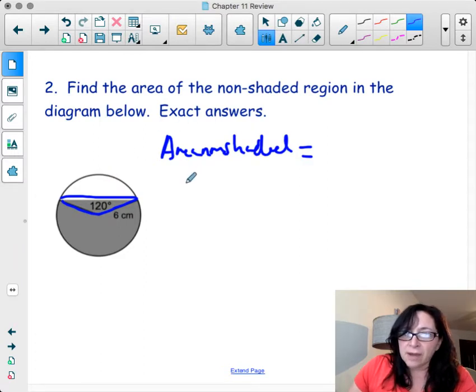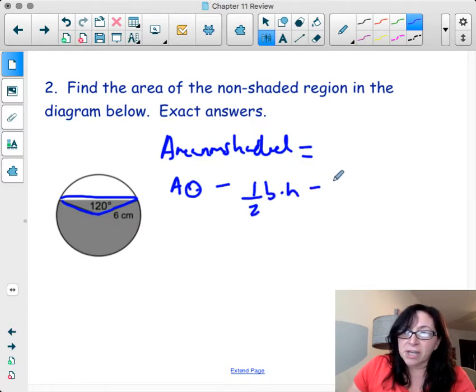So our plan of action is to find the area of the circle minus the triangle, which is 1/2 base times height. And then we have to take away the shaded region also, and that's going to be the area of that sector.